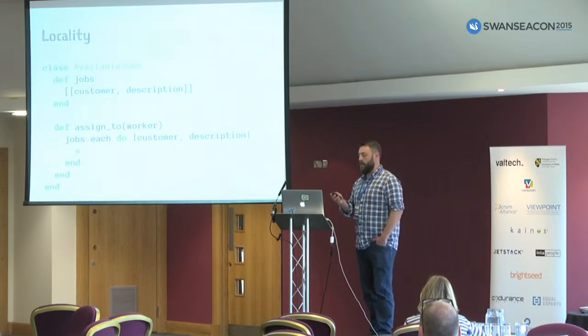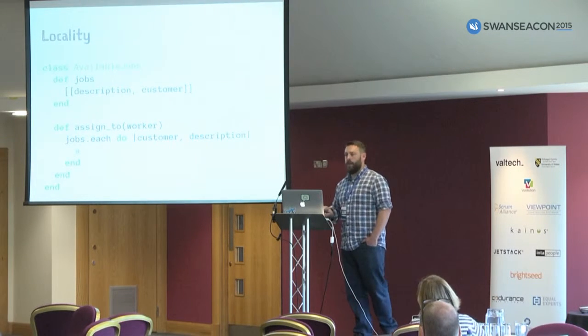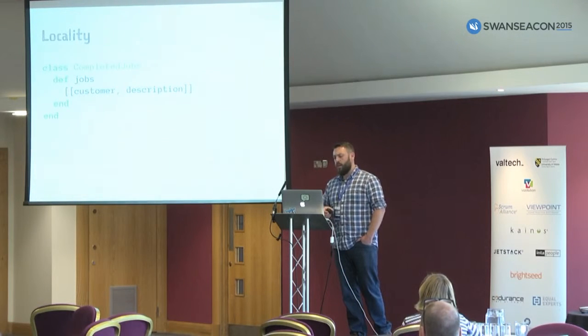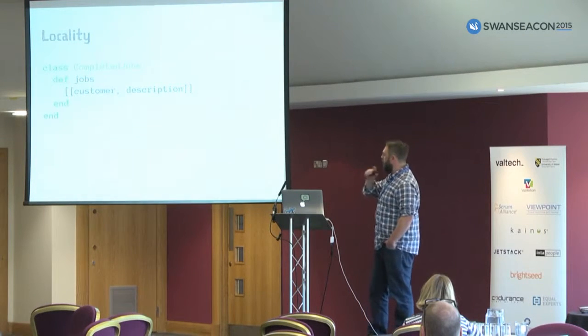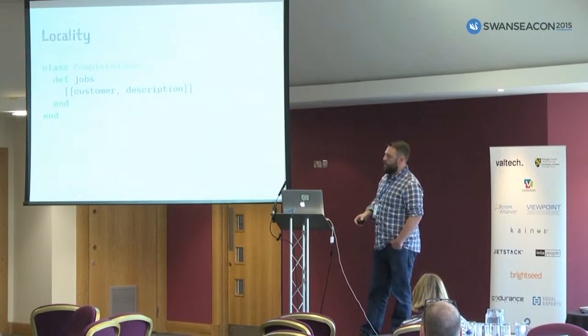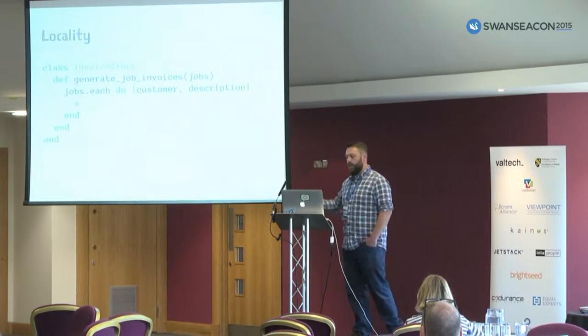It's easy to understand the relationship between the code, and if we change it, we know where the problem's going to be, we see the bug, we can fix it. But what if the connascent components are further apart? So now we have a separate class which generates a list of completed jobs, and an invoice clerk which then takes those jobs and generates the invoices.